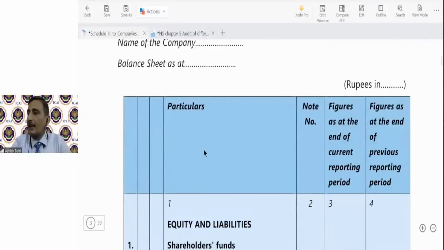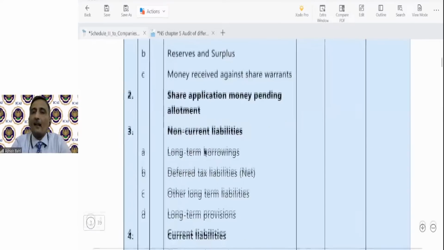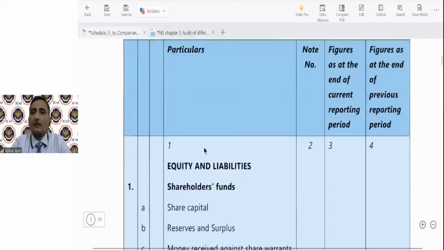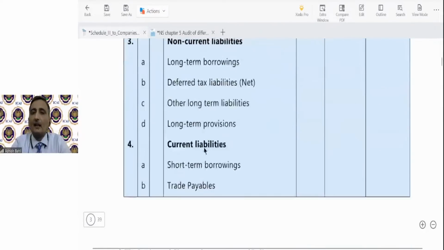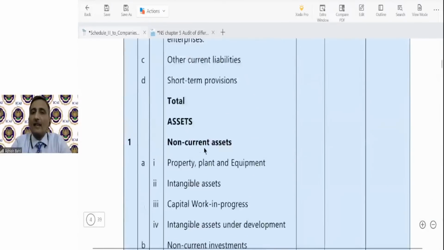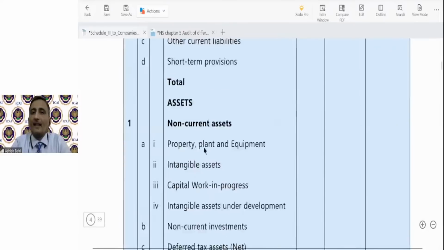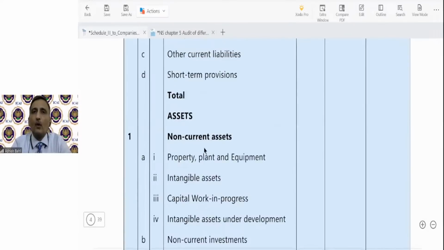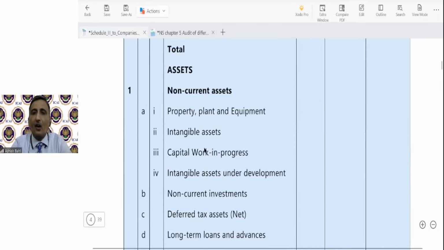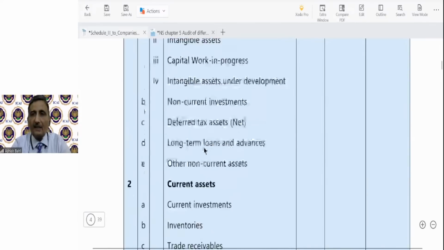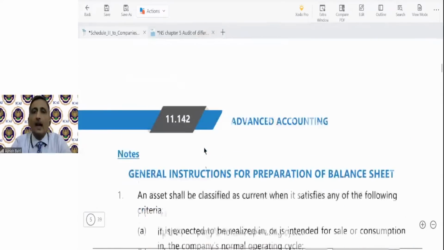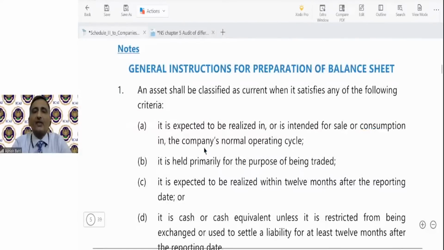So what does it contain? It contains the format of the balance sheet in case of companies. So what are the different headings? Equity and liabilities, current liabilities, non-current liabilities, non-current assets, current assets, and what are the general instructions for preparation of balance sheet and statement of profit and loss.